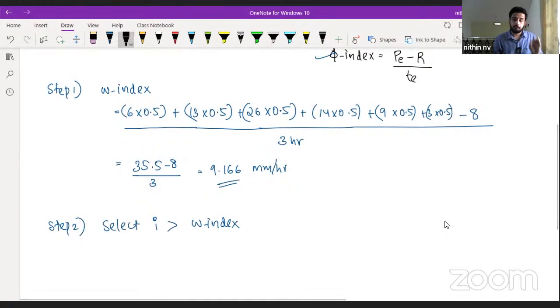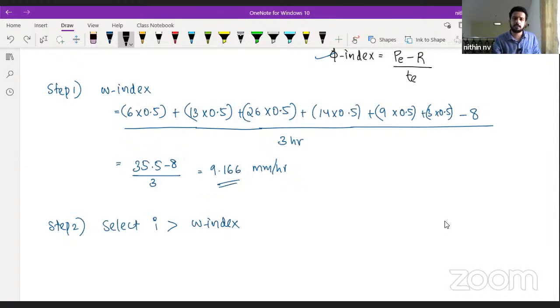Very important, listen properly: I'm not saying greater than or equal to, I'm saying simply greater than. In the sense, suppose we got 9.166 and you have the same intensity in the question, then we will not take it. We'll take exactly greater than the W index.